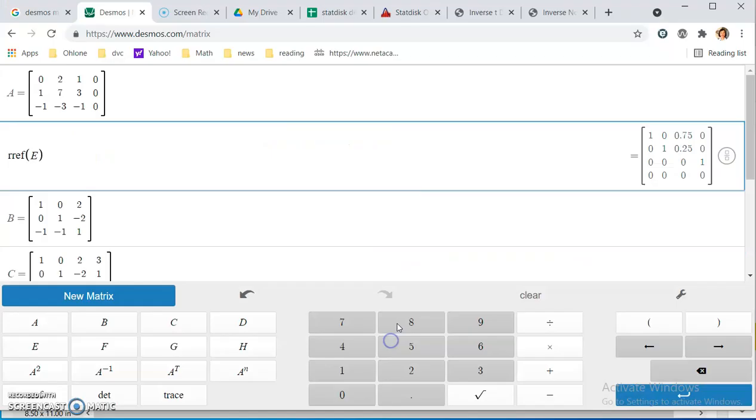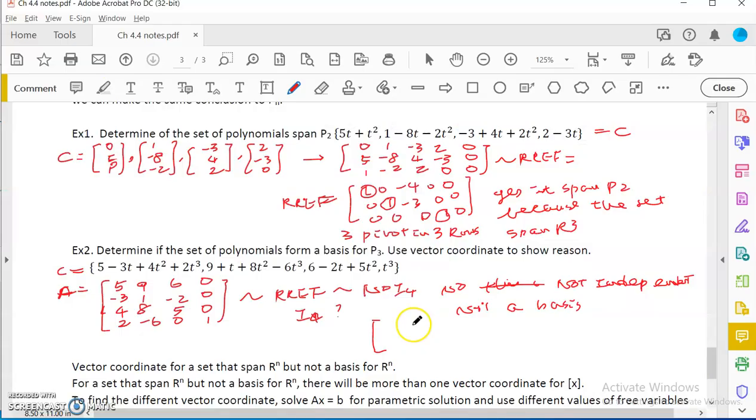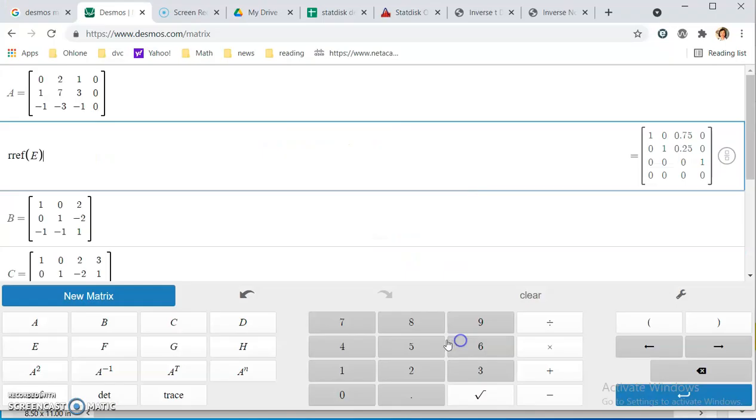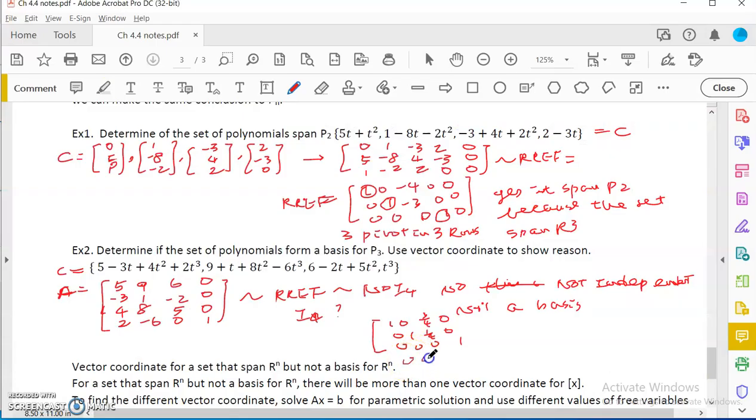Actually, the values are 1, 0, 0, 0, then 0, 1, 0, 3 over 4, and so on, with the last row 0, 0. So we only have 3 vectors that are independent.